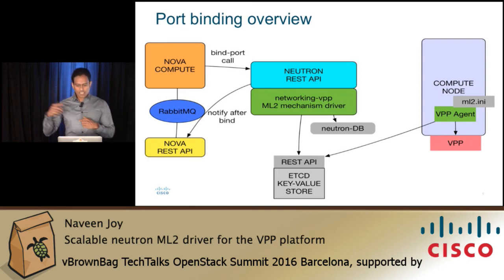So the data in etcd is kind of lagging behind the data that you inject into Neutron DB. But that's the way it should be. Eventually, it'll be consistent. So when you create a port, data comes into Neutron DB. From there, it goes into etcd. We have the compute node agent that receives a notification. It creates the socket, tells the agent that it's done, and the agent notifies Nova.